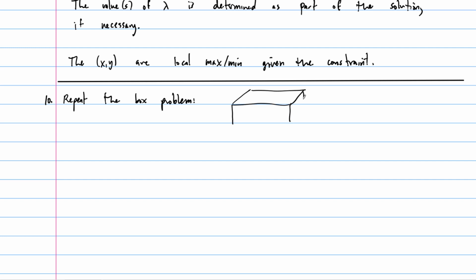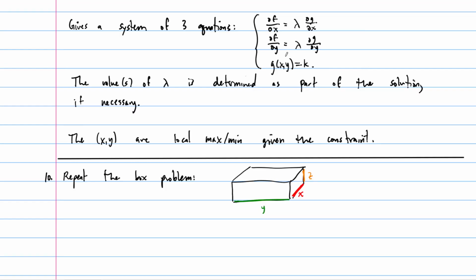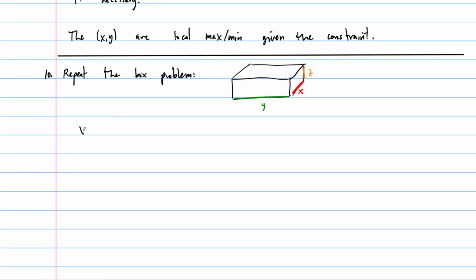Our situation is that we have a box with no top. We have these coordinates, right? We have our x, we have our y, we have our z. Even though I set this up in 2 dimensions, I'm going to do it with this 3-dimensional problem again, because we already know how to do it, so we already know the setup here.